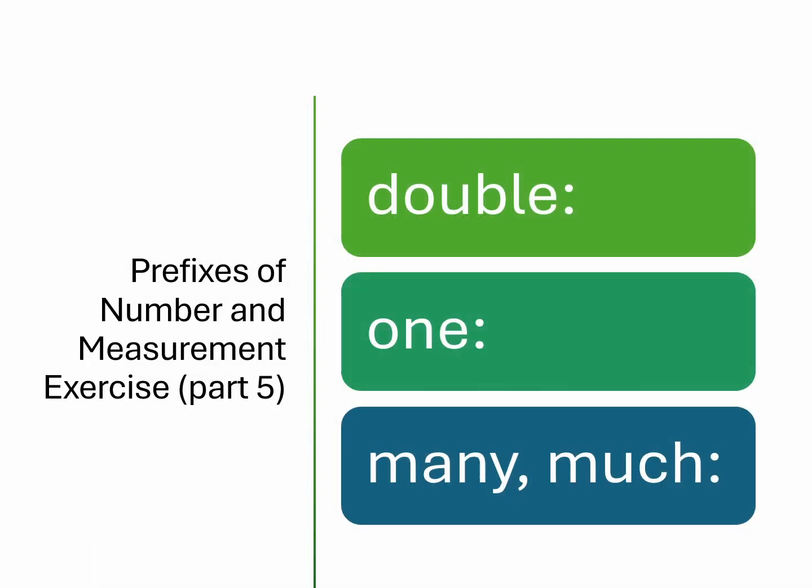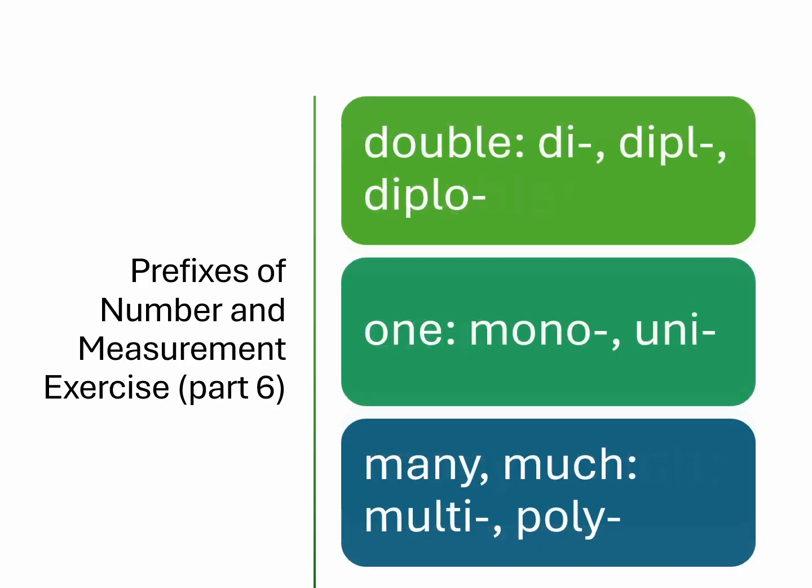In this set, we have double, one, and many or much. Double is di, dipl, or diplo. One, the prefixes are mono or uni. And for many or much, it is multi or poly.